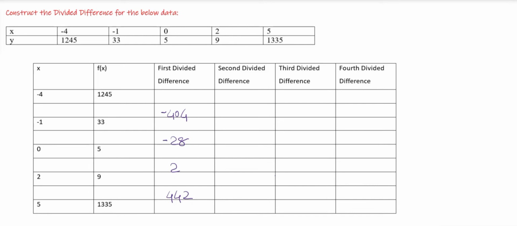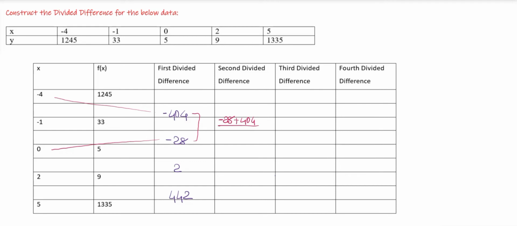The numerator is the same, like we'll take the difference and we'll write it here in the blank spaces between these two numbers. Now the numerator will be the same, which means we'll just take the difference of the values in the first divided difference. So it will be minus 28 minus minus 404.